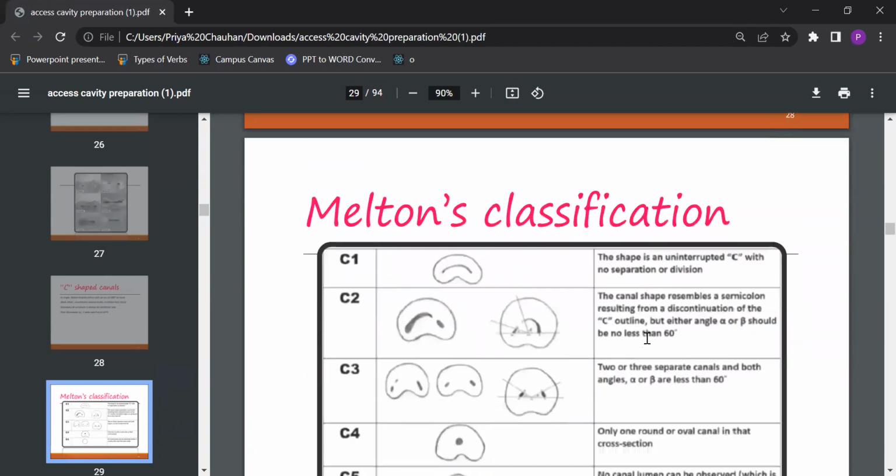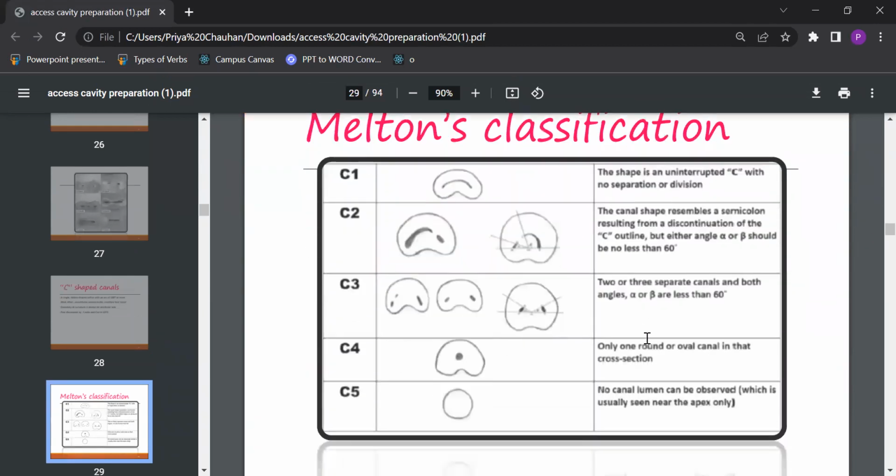So next one is Melton's classification: C1, C2, C3, C4, C5. The shape is an uninterrupted C with no separation or division. This one, सिर्फ एक C टाइप की कैनाल है ये. In C2, the canal shape resembles a semicolon resulting from a discontinuation of a C outline, but either angle alpha or beta should be no less than 60 degree.